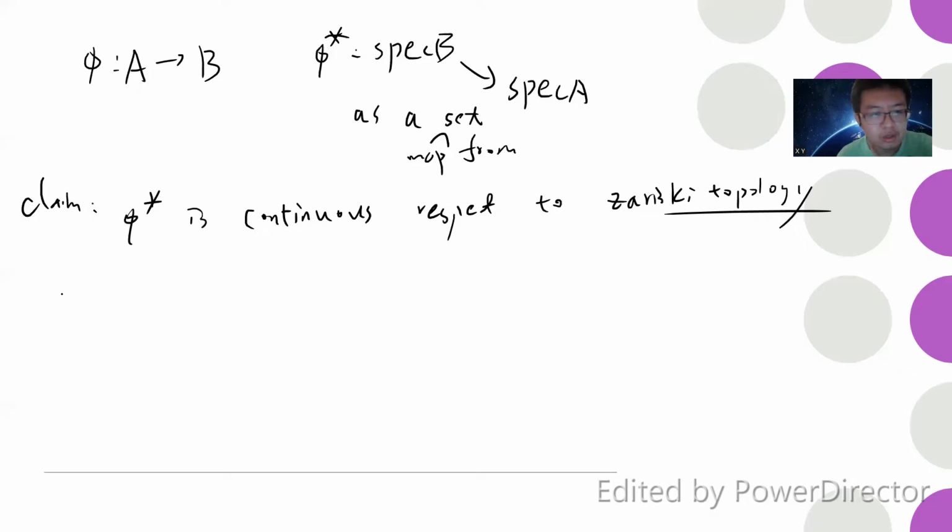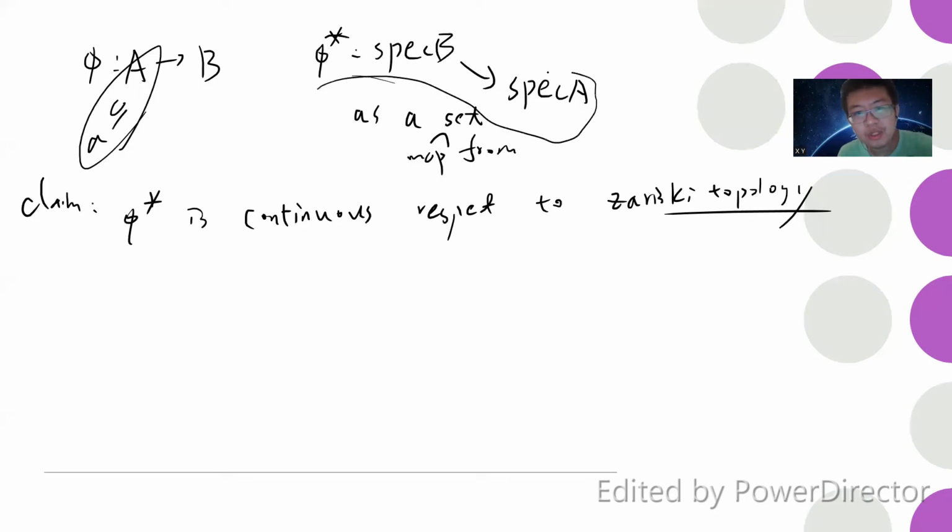So the key point is, let's take an ideal of A. The closed set of Spec A is V(A), the vanishing set.